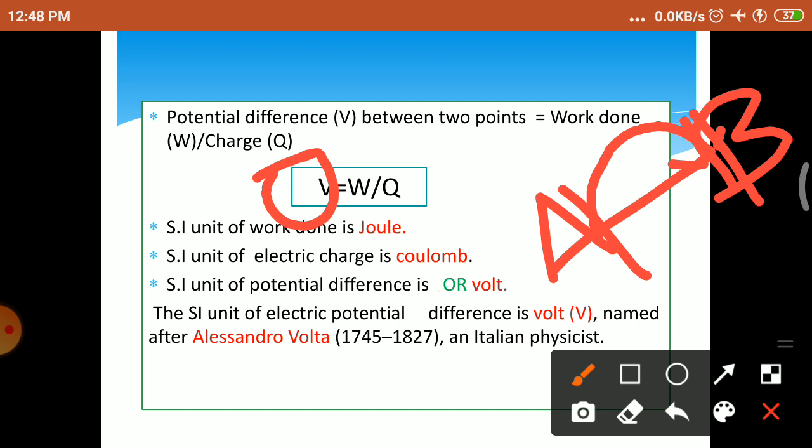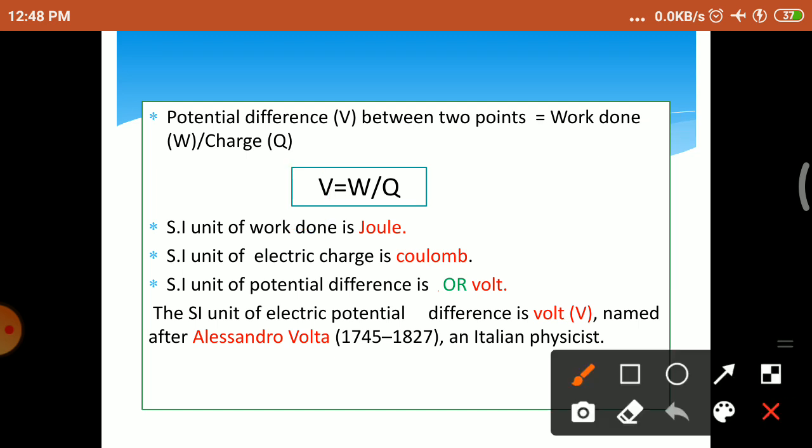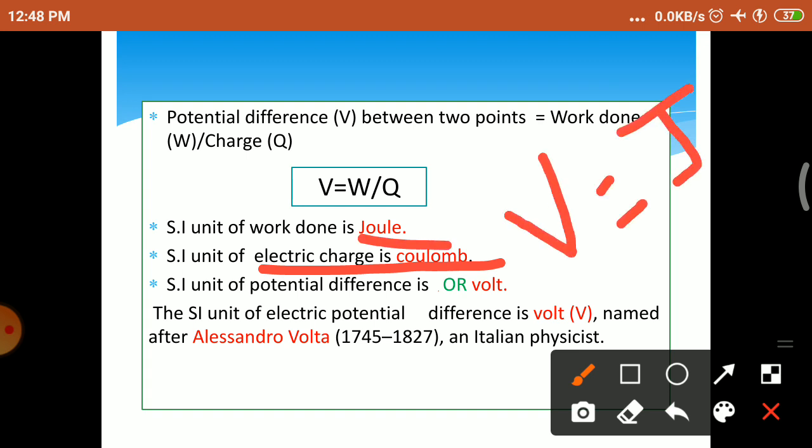The SI unit of work done is joule and the SI unit of electric charge is coulomb. So we know that V equals joule per coulomb.